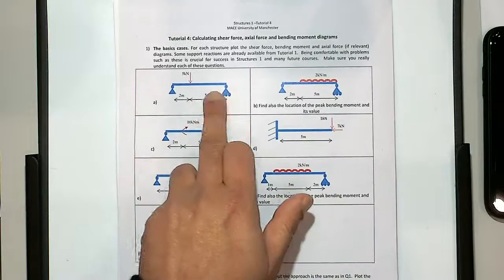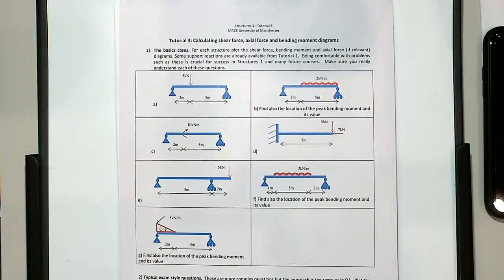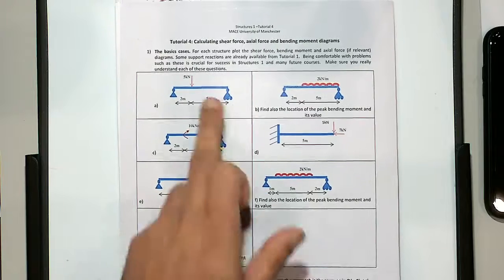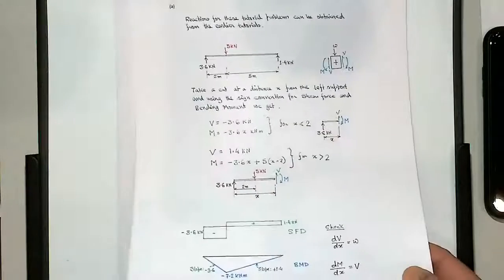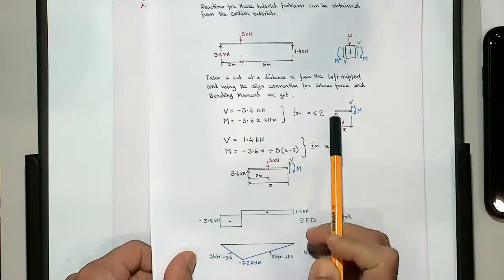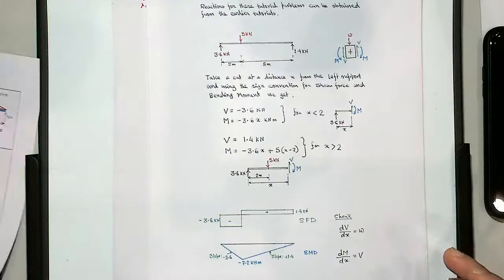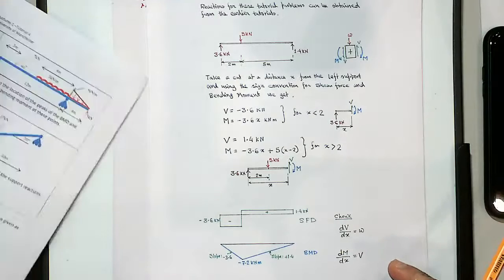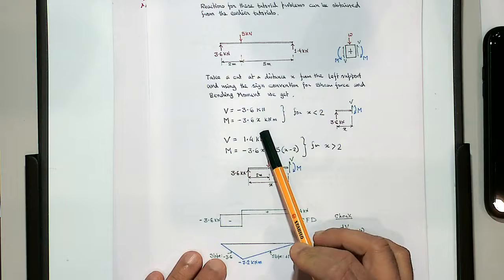You have got a beam and a single point load of 5 kilonewton acting at a distance of 2 meter. Now if you write the moment equation for this, if x is less than 2, that means you are somewhere here, you will get the moment equation M is minus 3.6 times x.